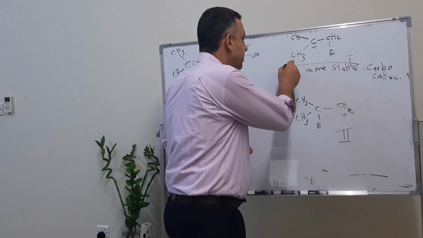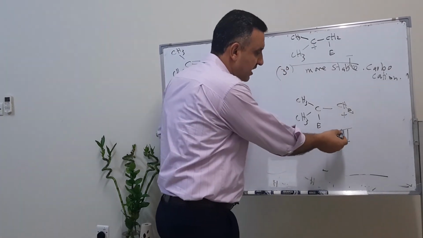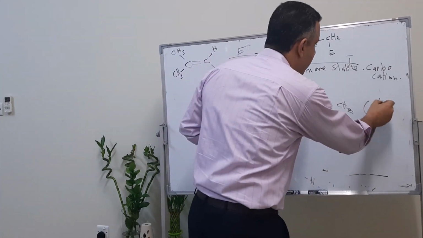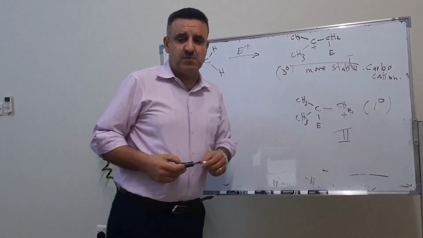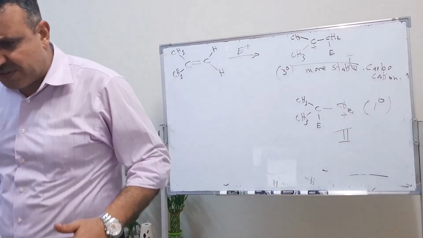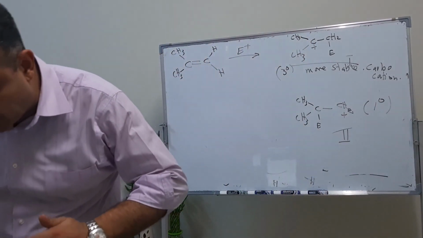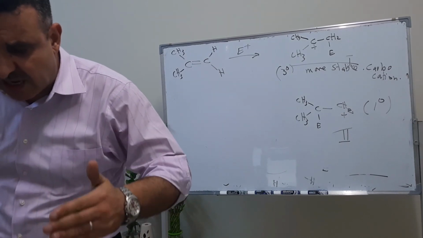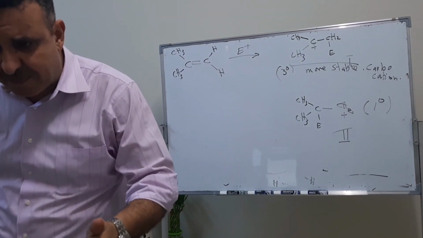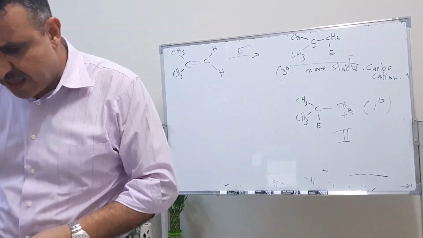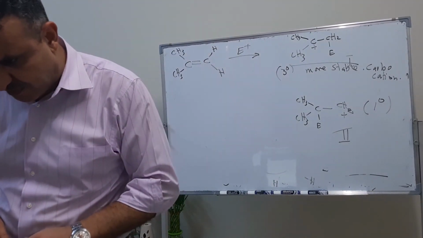But in the second case we have a primary carbocation, and as we have just explained in the previous slide, tertiary carbocation is more stable than secondary, secondary is more stable than primary, and primary is more stable than a methyl carbocation.